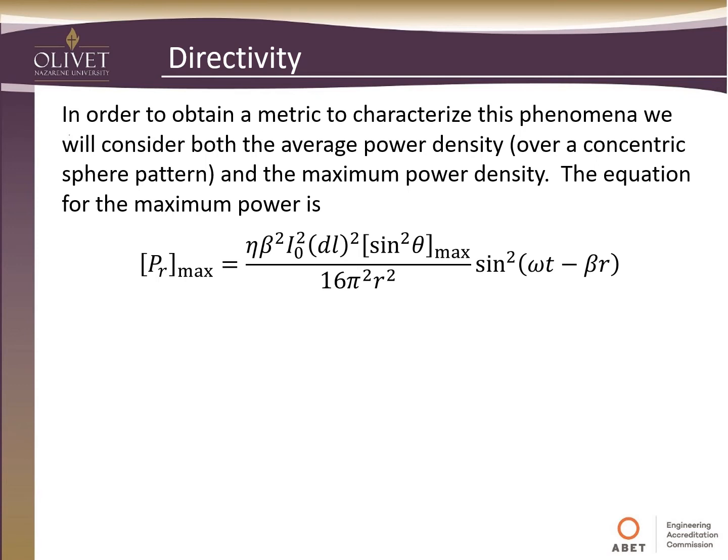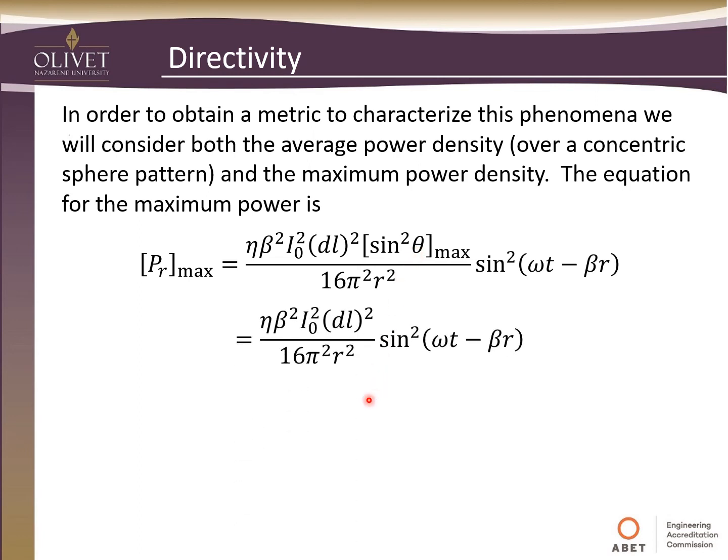And so we know what our maximum radiated power is, it's just this equation here, and we maximize the only function of an angle, which is the sine squared theta. So what is the maximum value that sine squared theta could ever be? Well, of course, it's going to be 1.